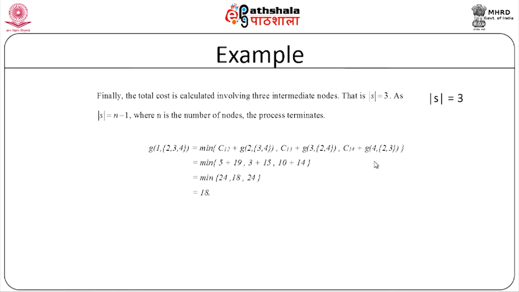When we plug in the values of the previous iteration, you can see that the minimum cost is going to be 18. In other words, the shortest path from the source to destination is going to be 18.